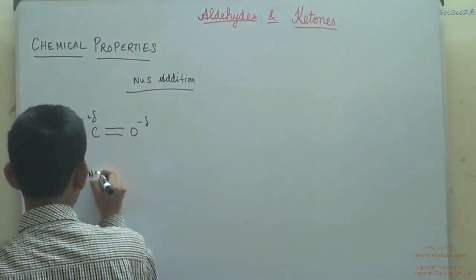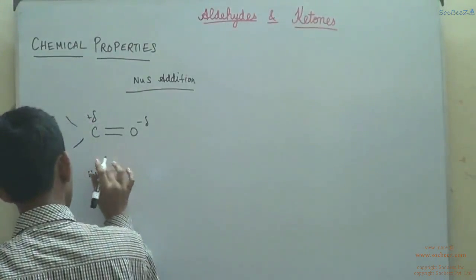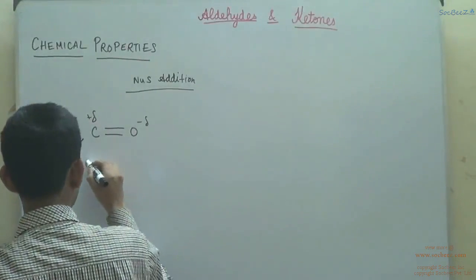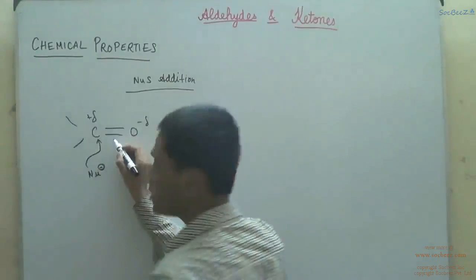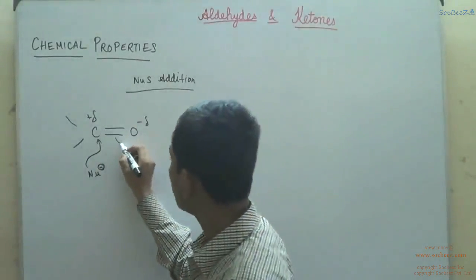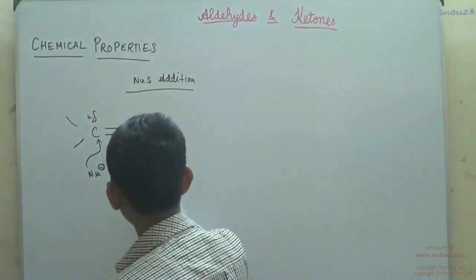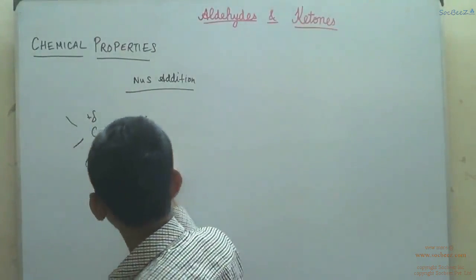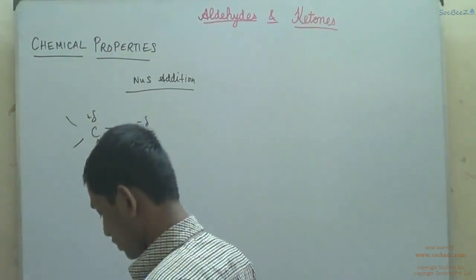Your nucleophile comes and attacks the carbon atom. This double bond gets shifted, meaning the lone pair of electrons gets shifted here, so this gets a negative charge. Then your H plus ion comes and attaches here.